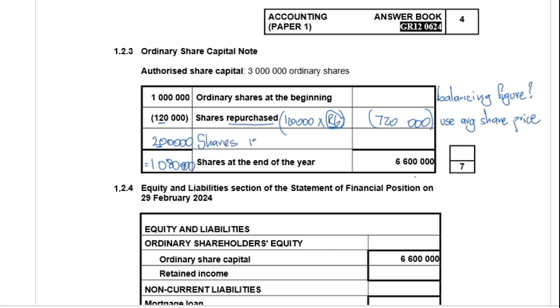Now that we have the number of shares issued, we can find the value of the issued shares by saying number of shares issued multiplied by the issue price. 200,000 shares multiplied by 6 rand 60, which is given to us, is equal to 1,320,000.